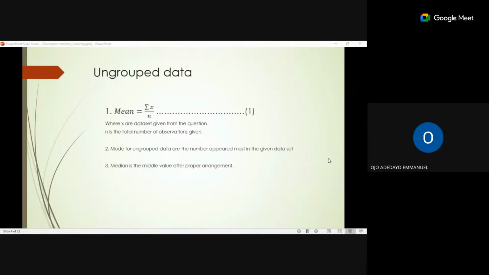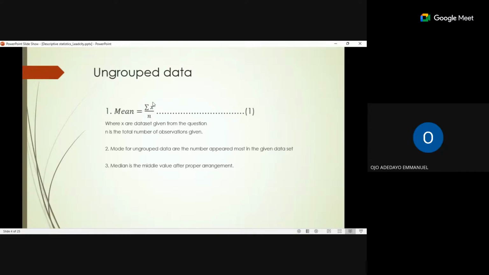We are going to start with the mean of ungrouped data. The mean simply means adding everybody in the class together and dividing by the number of people in the class. If you look at my slide, the mean is equal to summation x over n. The symbol you are seeing here is what we call the summation, but you can call it addition.